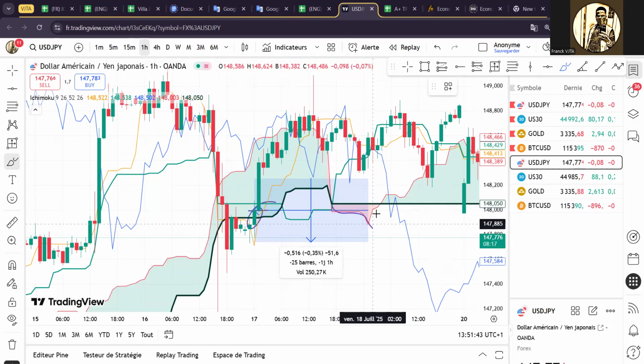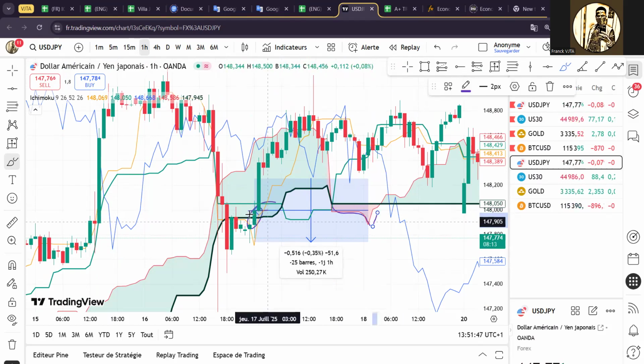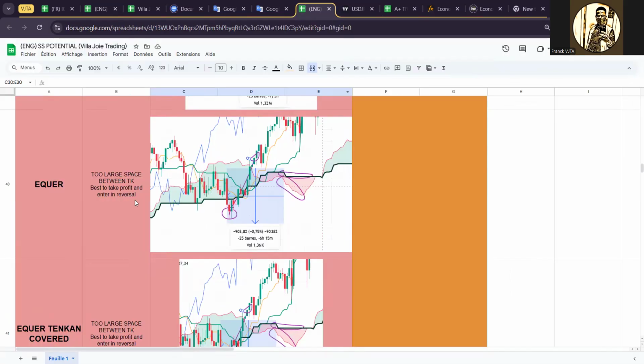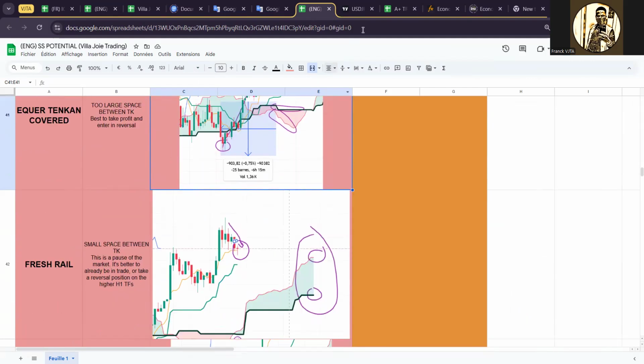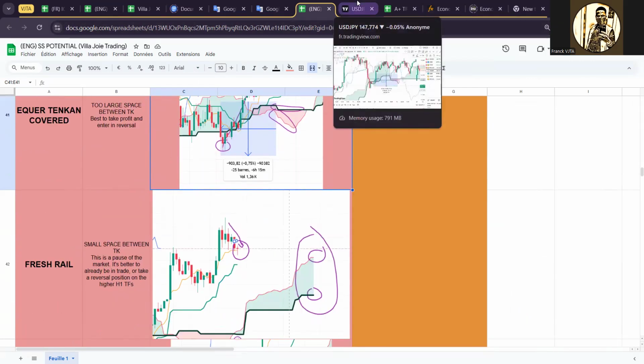And this Eke, when it appears, is a good reversal sign, a good reversal setup. But don't mind this Eke can cover it because it doesn't work for SSA and SSB.